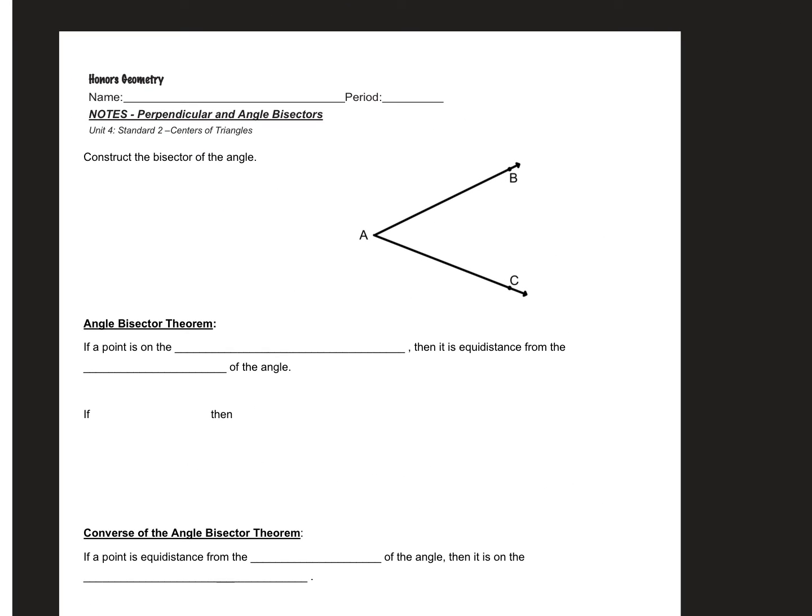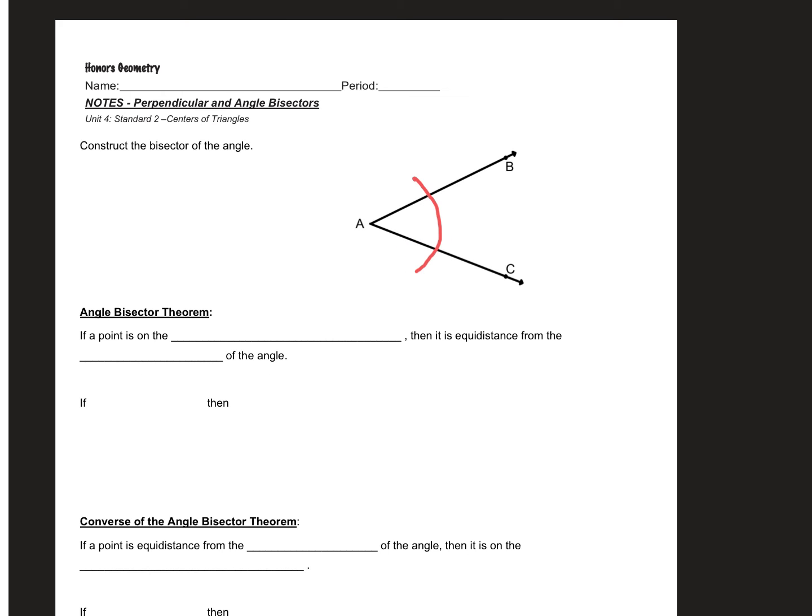All right, so now you're going to pause and construct the bisector of the angle. Okay, so if you did that, you started with an arc with a center here. It doesn't matter what this radius is this first time, but it needs to go through the two sides. So you'd have an arc like this.